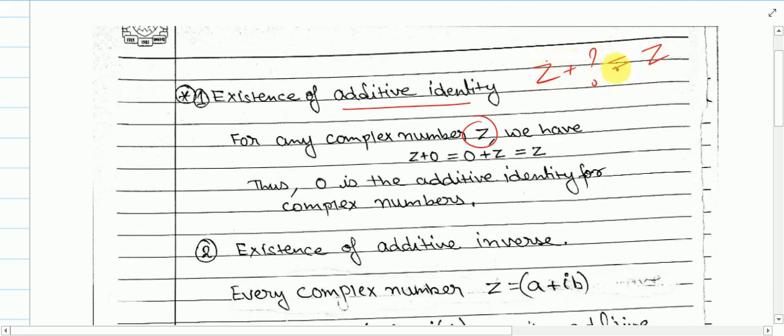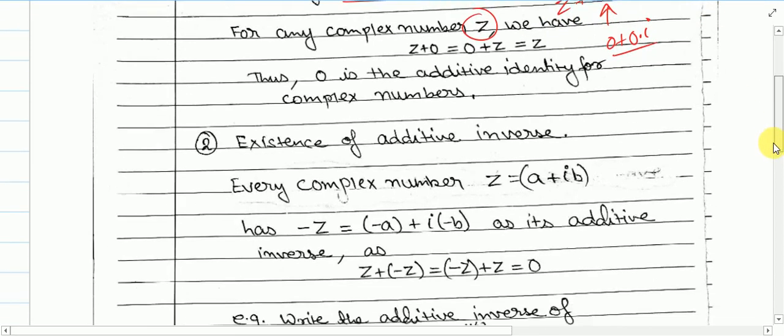Here I can add 0 to get z. 0 is a complex number only, because 0 can be expressed as 0 plus 0 into i. So 0 is called additive identity, because when 0 is added to any complex number, you get the same complex number.